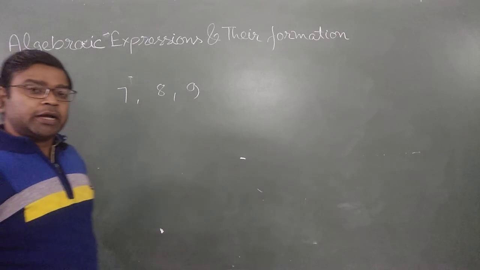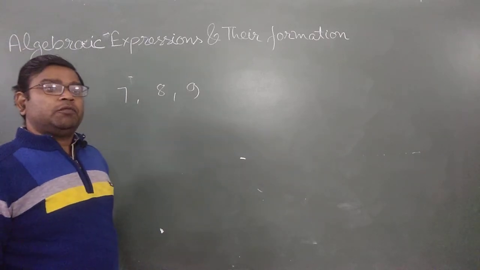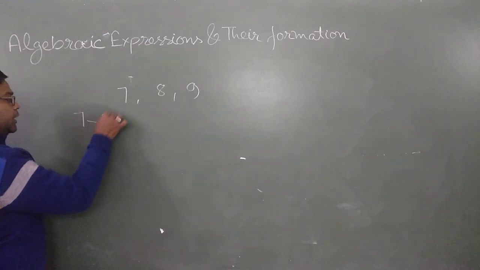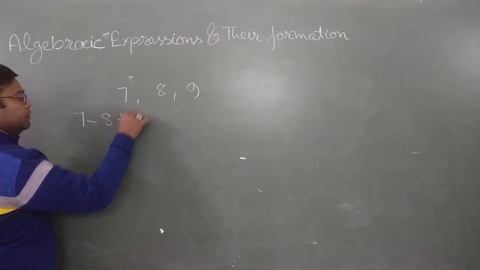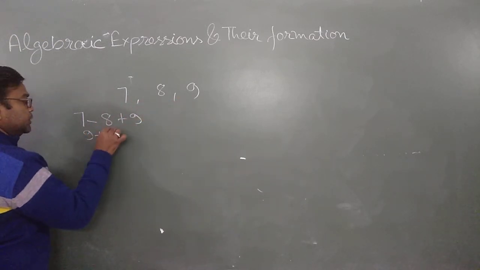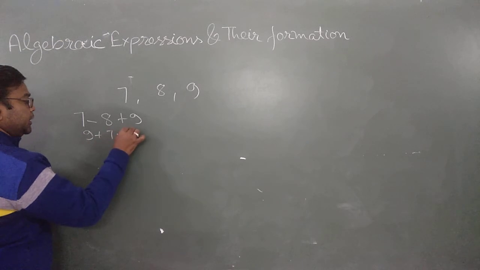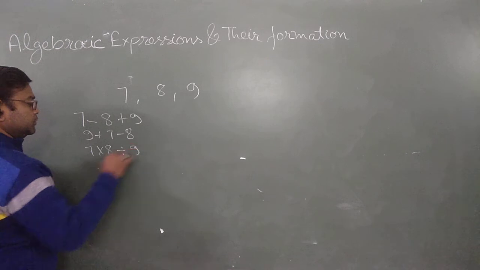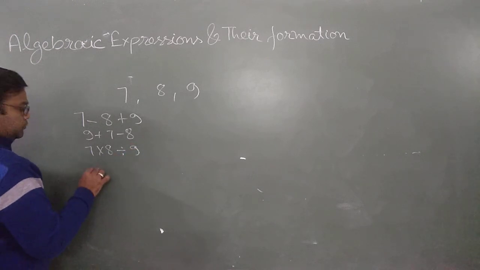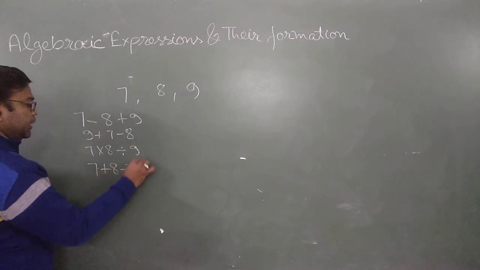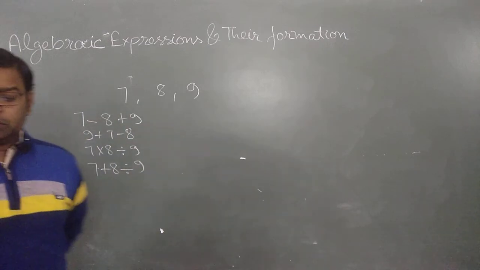Our question says write down the expressions with different operations. So you can easily write down 7 minus 8 plus 9. We have to use all the same numbers. 7 minus 8 plus 9, 9 plus 7 minus 8. Likewise you can use 7 into 8 divided by 9, 7 plus 8 divided by 9. Likewise you can write down.